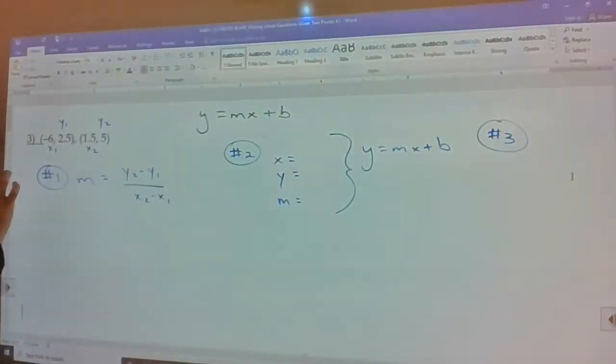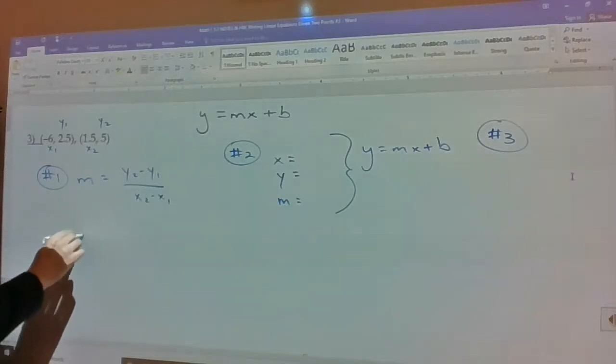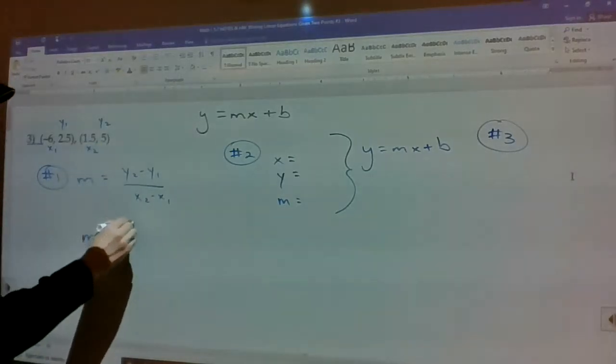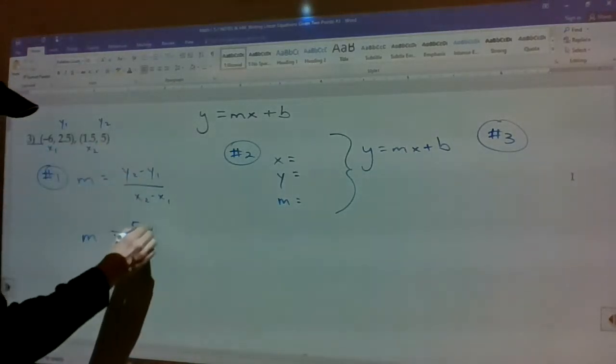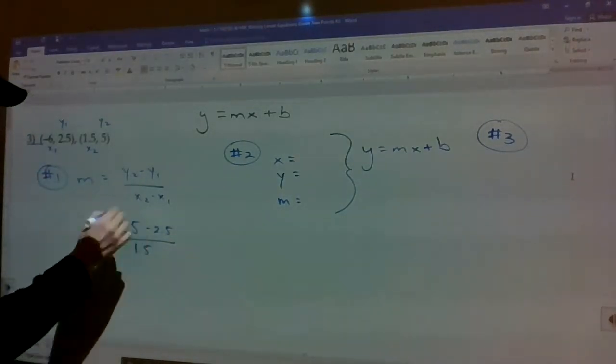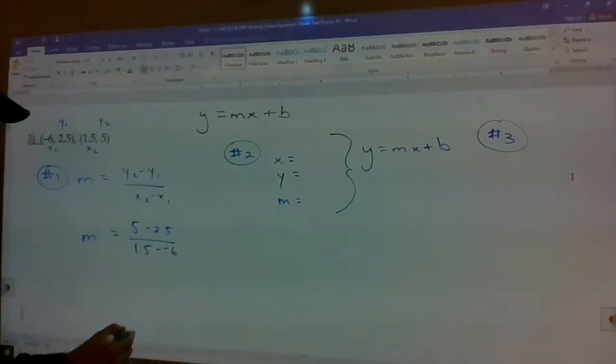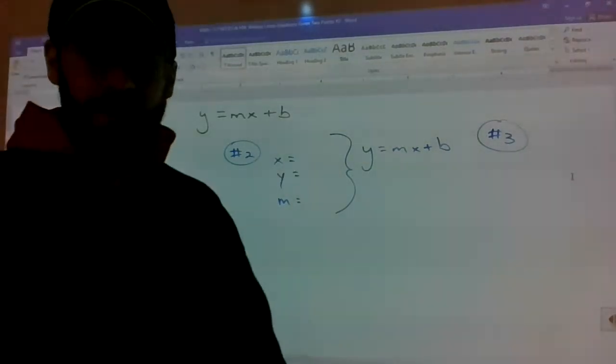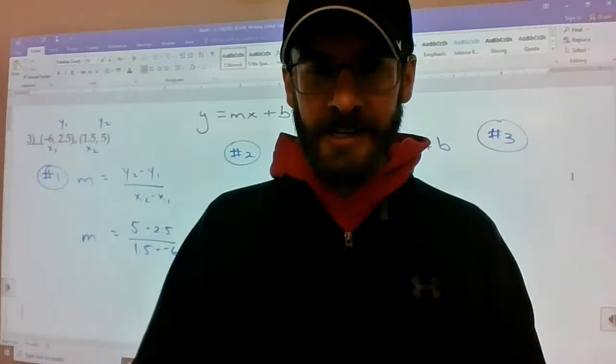So here it is. y2 is 5. y1 is 2.5. x2 is 1.5. x1 is negative 6. So I guess here's the deal. You just got to straight up know how to subtract decimals.